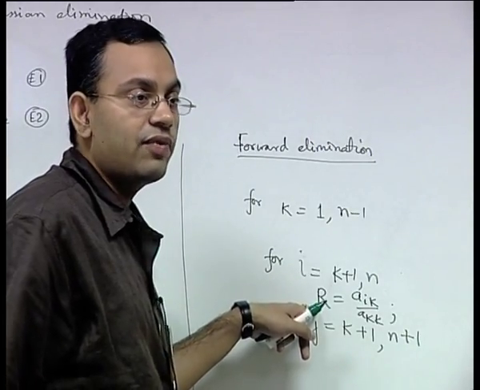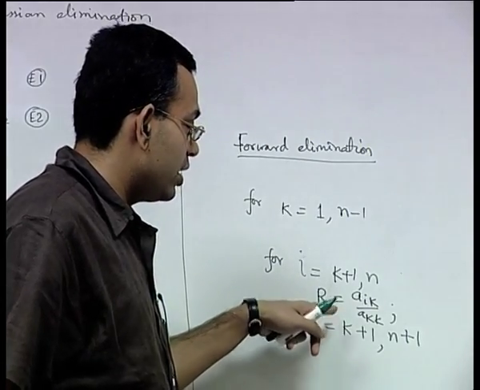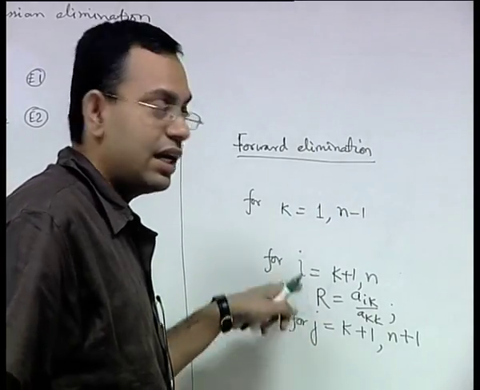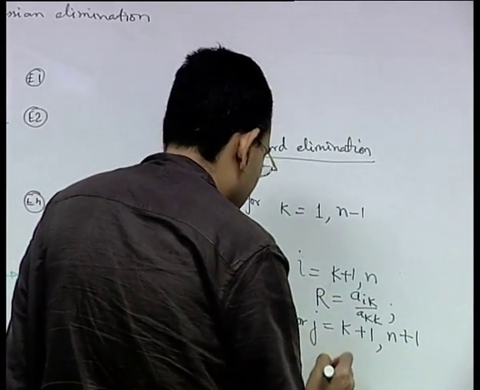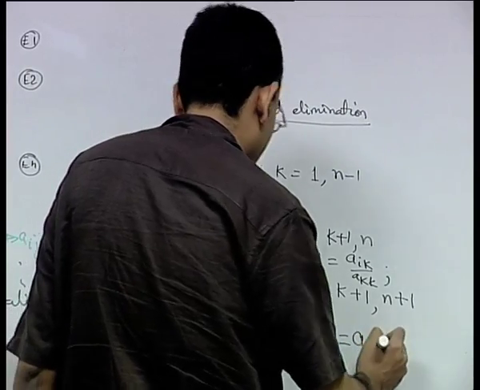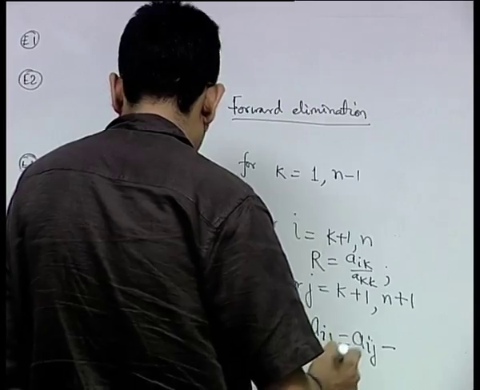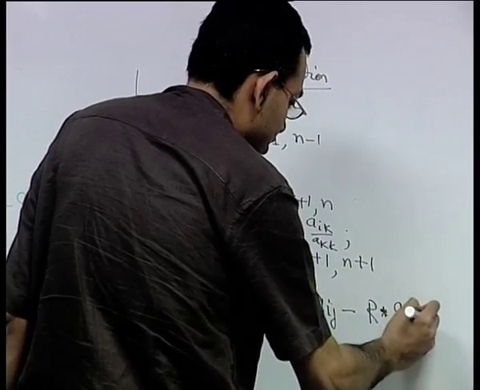So you can specify this in terms of 2 indices. So once you know this r, you do not have to calculate it again and again. Once you enter the j loop, for each j now you can calculate aij is equal to aij minus r into akj.